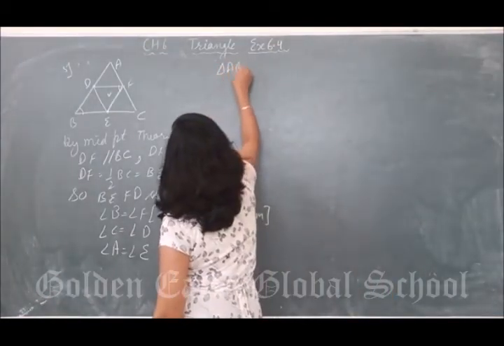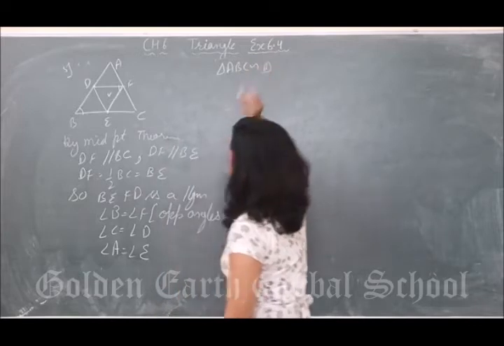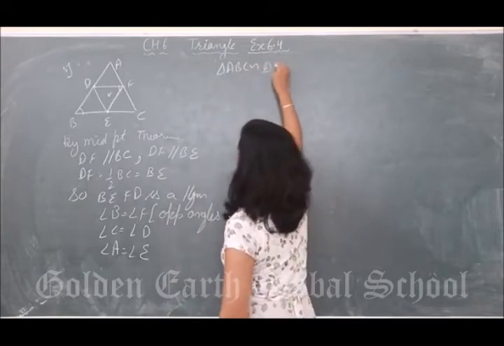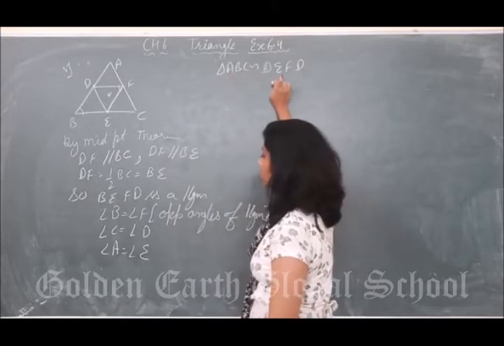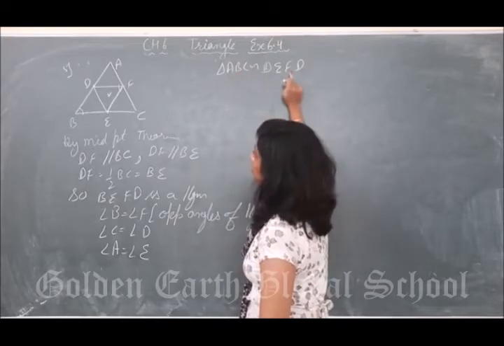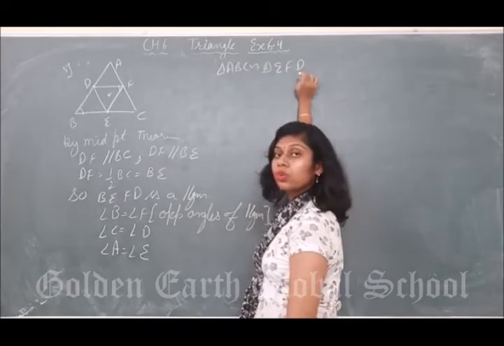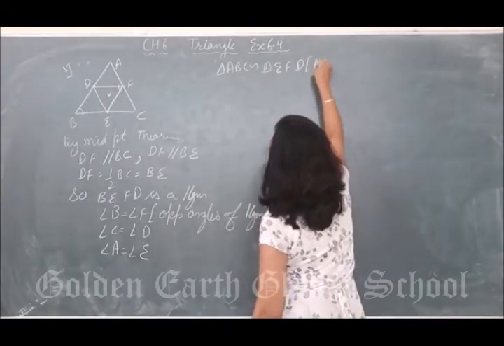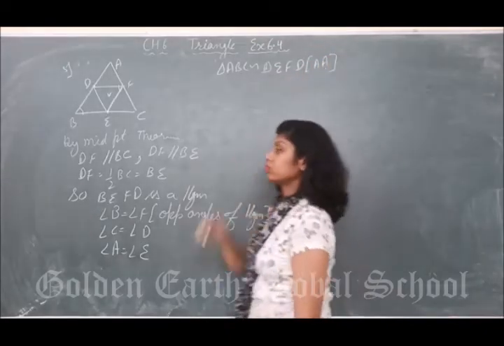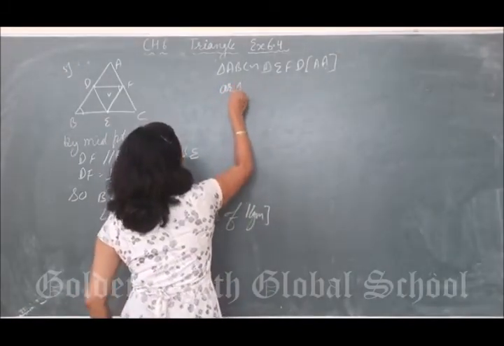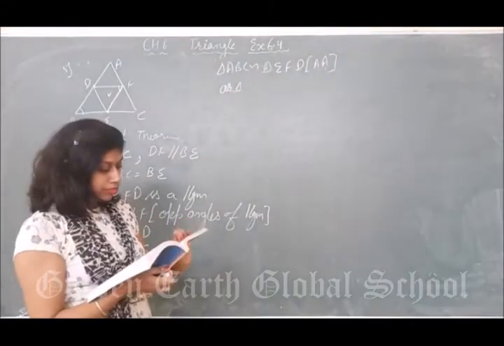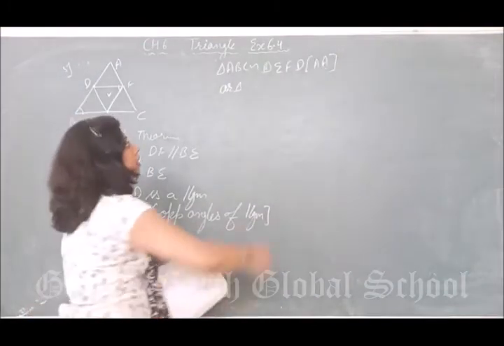Triangle ABC is similar to triangle EFD because angle A is equal to E, angle B equals F and angle C equals D by AAA. Now we can apply the result. We have to find the area of DEF.